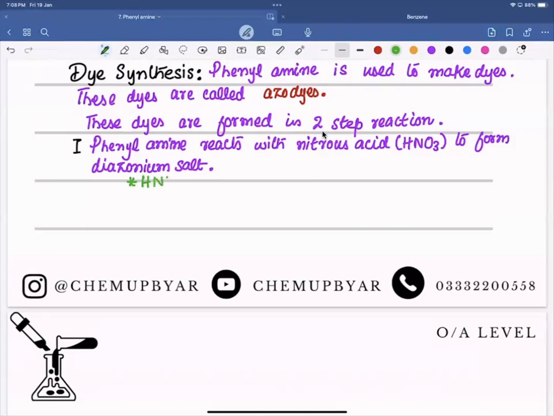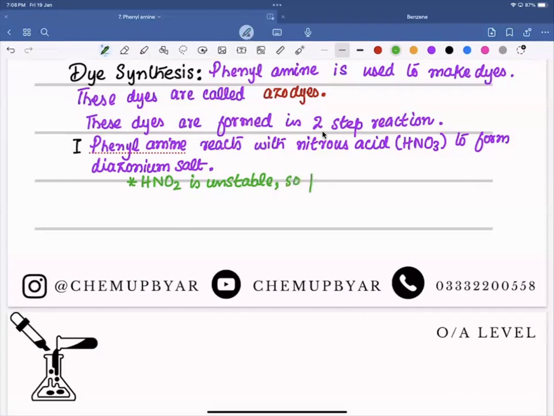It is very unstable. We cannot store it. It absorbs oxygen from the atmosphere and oxidizes to nitric acid, HNO3. That's why we have to produce it in the test tube at the time of the reaction only, in real time, at the moment we need it.